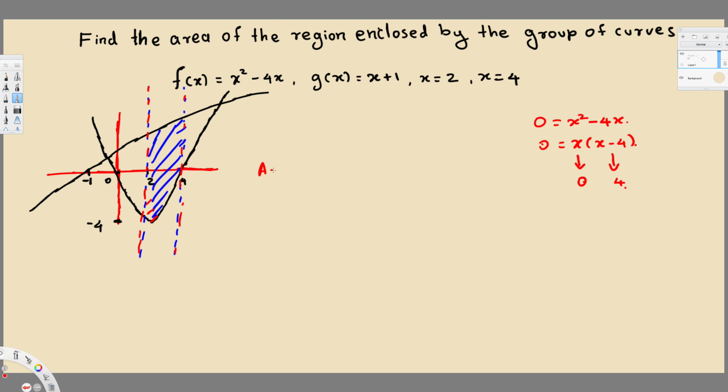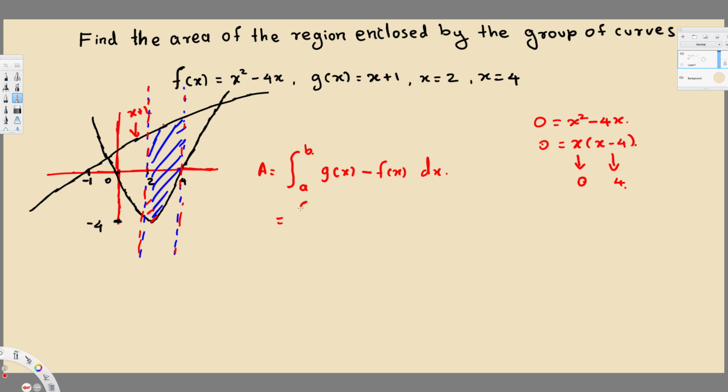A is equal to the integral from a to b, and the top function is this line right here, that is x plus 1. That is our g of x, right? So g of x minus the bottom function, this parabola, that is f of x, dx. So this is the equation we are going to use.